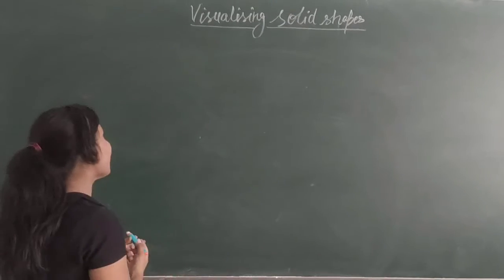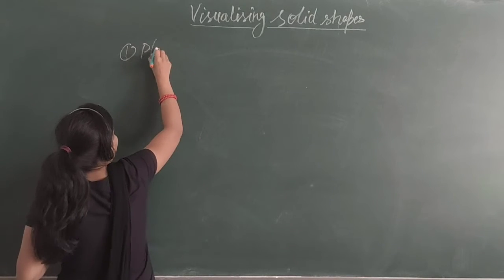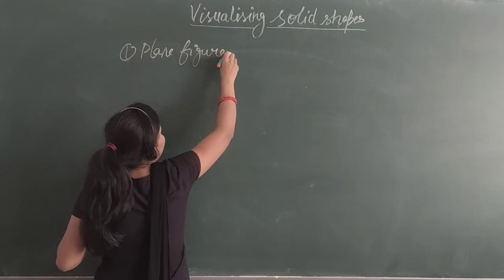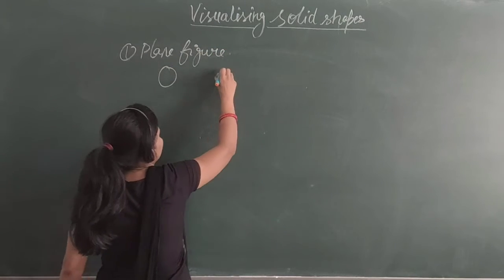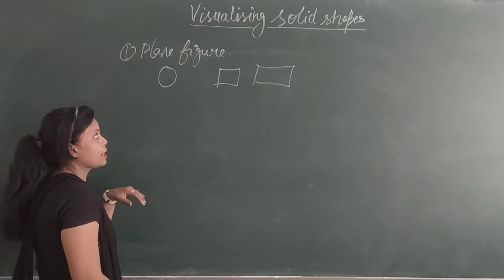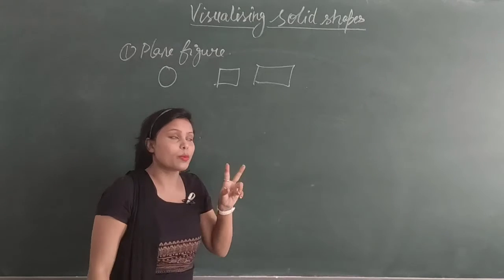Okay. We have two types of shapes. First is plain figure, which we have read in previous classes: circle, square, rectangle, etc. Right? Why are these called plain figures? Because they are made in two planes.